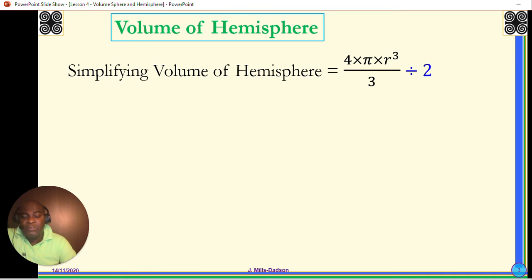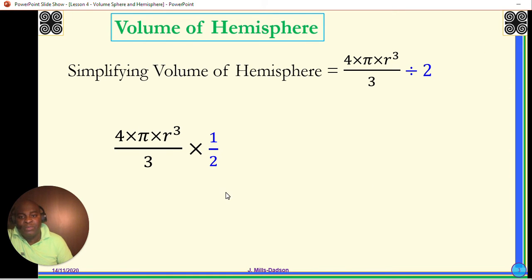Now let's look at hemispheres. Hemisphere simply means half a sphere. So the formula is just the sphere formula divided by 2. If you simplify the formula through division, when you turn division to times, the last fraction, 2 over 1, becomes 1 over 2.